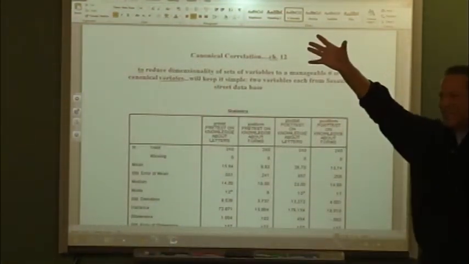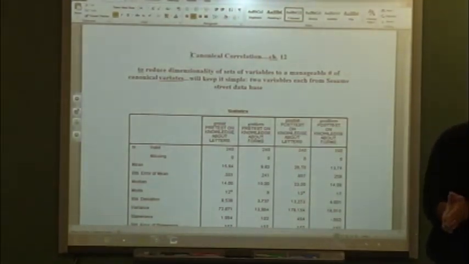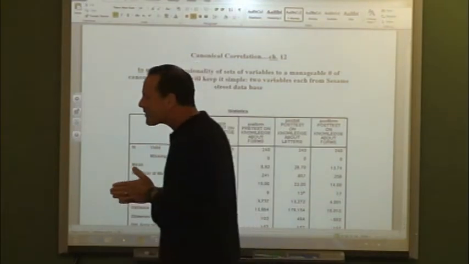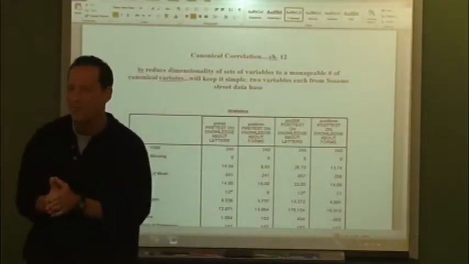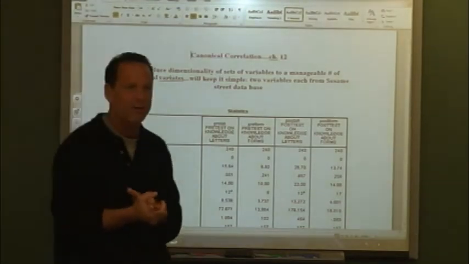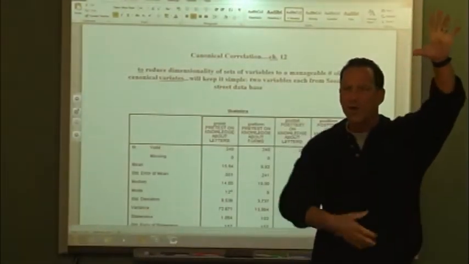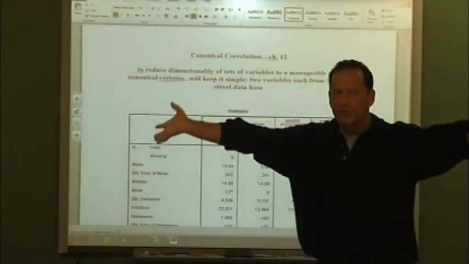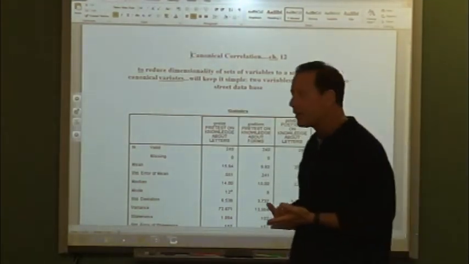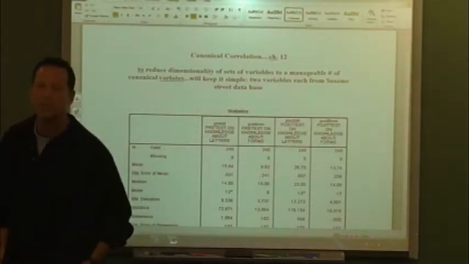Some people think it's kind of an obsolete technique. I disagree, and as I told you, I was able to use it in a journal article a couple of years ago with Sharp Healthcare, when they had all these evidence-based practice variables and demographics, and we saw which ones kind of went together.